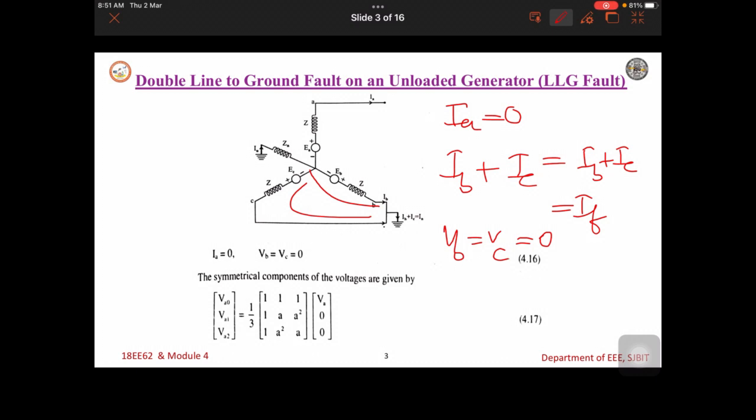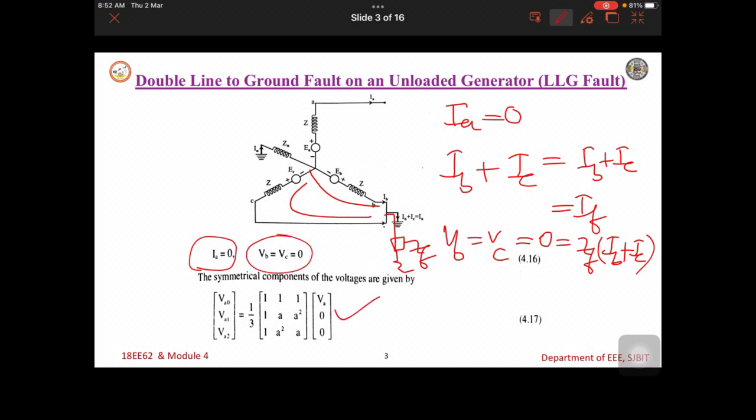Suppose you consider the fault through fault impedance, then that value will be ZF into IB plus IC. For this case, let us consider the fault without fault impedance. So IA is equal to 0 and VB and VC are zero if it is directly shorted.